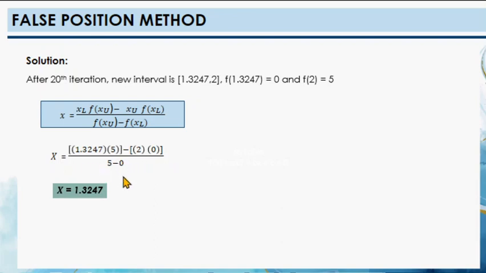And then, kunin natin yung difference nito, f of x sub U natin and ating f of x sub L. So, solving this one, that will give us x is equal to 1.3247. So, mula dito, masasabi natin that the root of the equation na f of x is equal to x cubed minus x minus 1 is 1.3247.